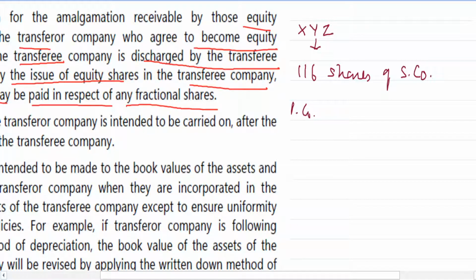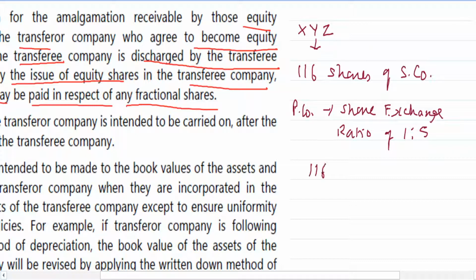The purchasing company offers a share exchange ratio, let's say a share exchange ratio of 1:5. So this is the share exchange ratio offered by the purchasing company. So I will take 116 and I will multiply this by 1/5.